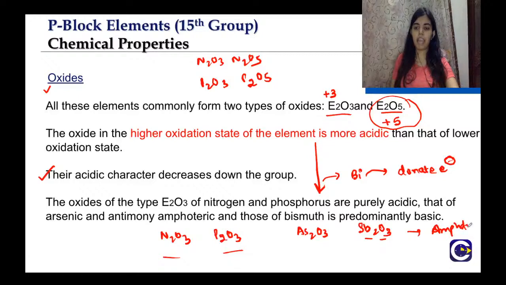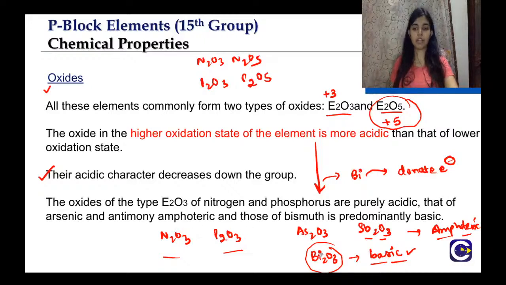That means they can behave as a base and also as an acid, while bismuth, because it is a pure metal, has an oxide that is basic in nature. We have already studied that non-metal oxides are acidic while metal oxides are basic, right? So nitrogen and phosphorus are pure non-metals, therefore they form acidic oxides, while bismuth forms basic oxides, and the other two form amphoteric oxides, which can behave as acid and also as base.